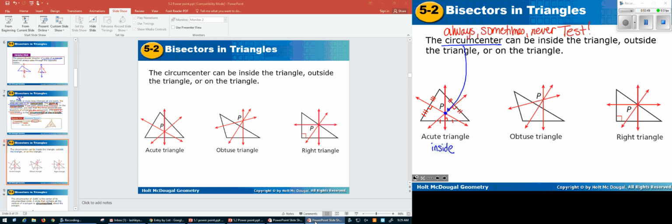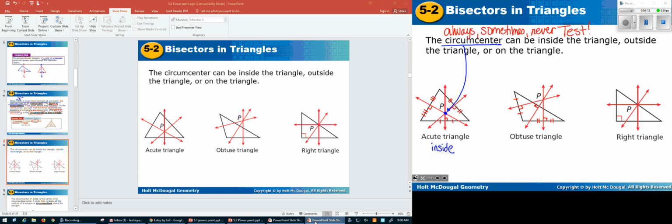Okay? If it's obtuse, again, I would go to my picture and I would put those little right angle marks to show that these are perpendicular bisectors. So on every side where the line crosses should be perpendicular and bisecting. This line is the one that's perpendicular and bisecting this side. And then this line is the one that's perpendicular over here on the hypotenuse.